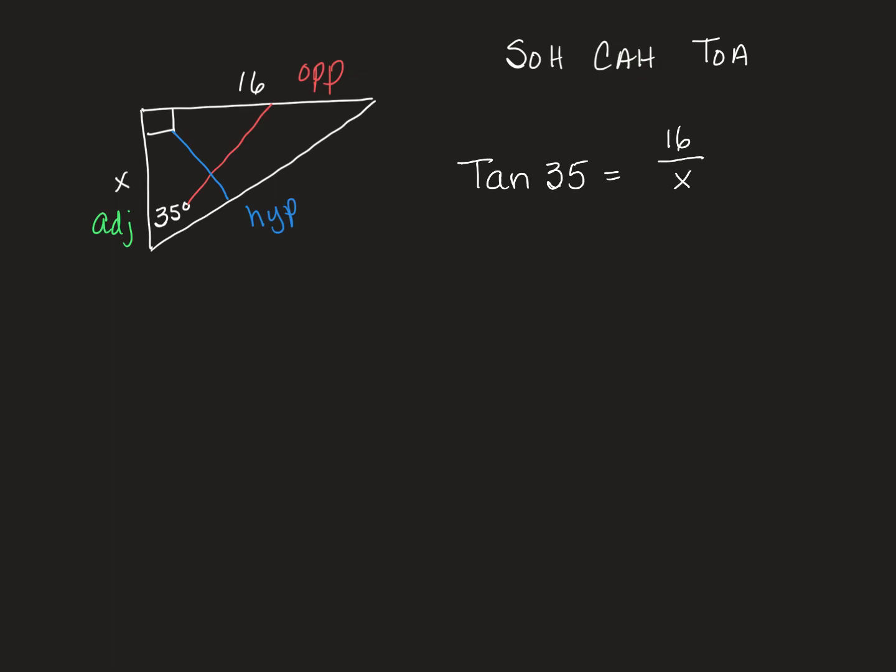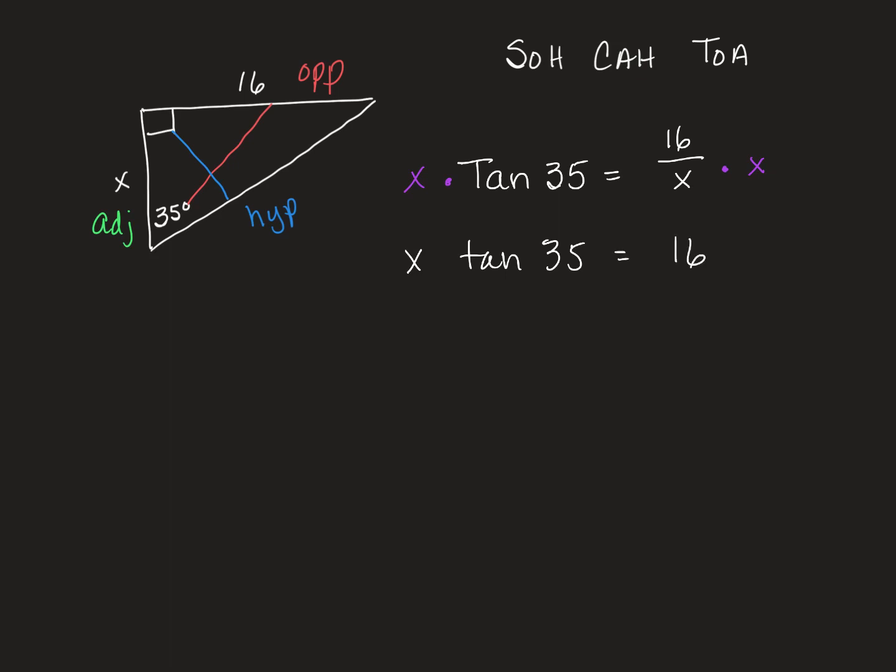This is great because this time my variable is in the denominator. So this takes a couple more steps to solve, but it's not hard. We're going to multiply by x on both sides. That is going to give me x tangent of 35 equals 16.